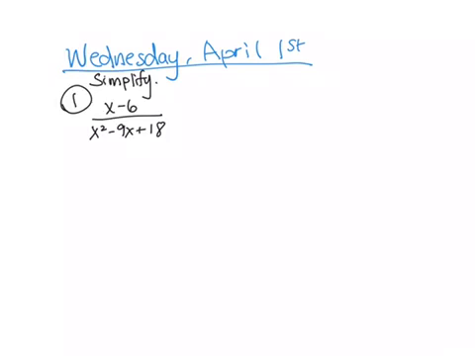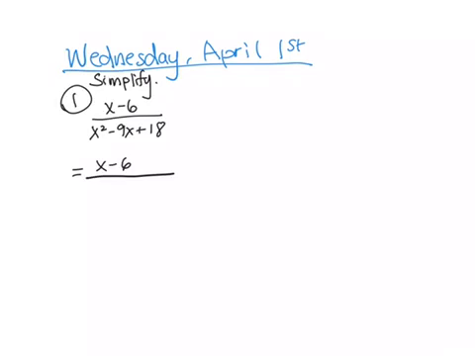In the numerator I have just x minus 6. Since that does not have an x squared in it, I know I'm not going to have to do the long kind of factoring. And if I look at x and 6, they do not share a common factor. So in the simplifying step, that's going to stay x minus 6.